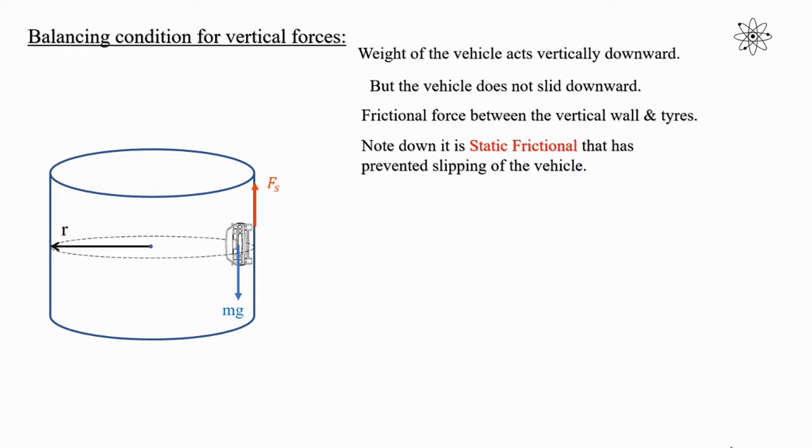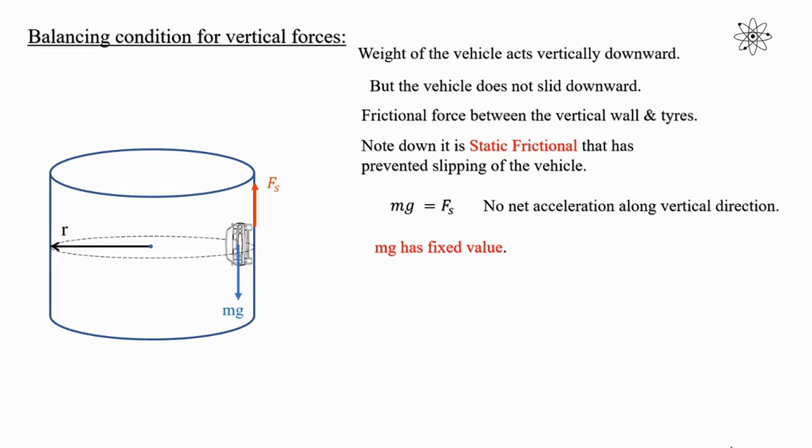So, students, the balancing condition for vertical forces is that the weight of the vehicle equals the force of static friction. When they are equal, there is no net acceleration along the vertical direction. It means there is no sliding of the vehicle in a downward direction.